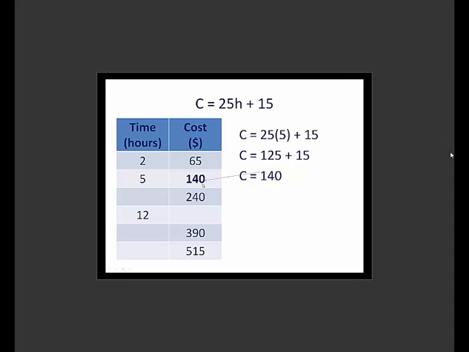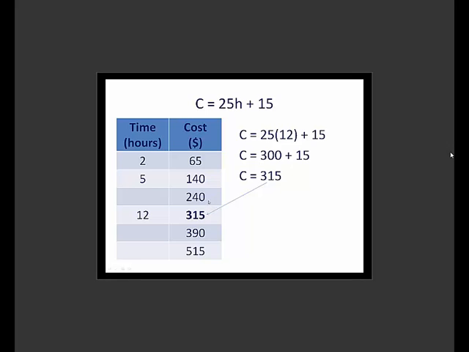And that goes right there. Now, let's just jump down to 12 hours, since these are the same types of problems. I'm going to take out the hours and put 12. And simplify this. 25 times 12 is 300. Plus an extra $15 is $315. And that's going to go right there.